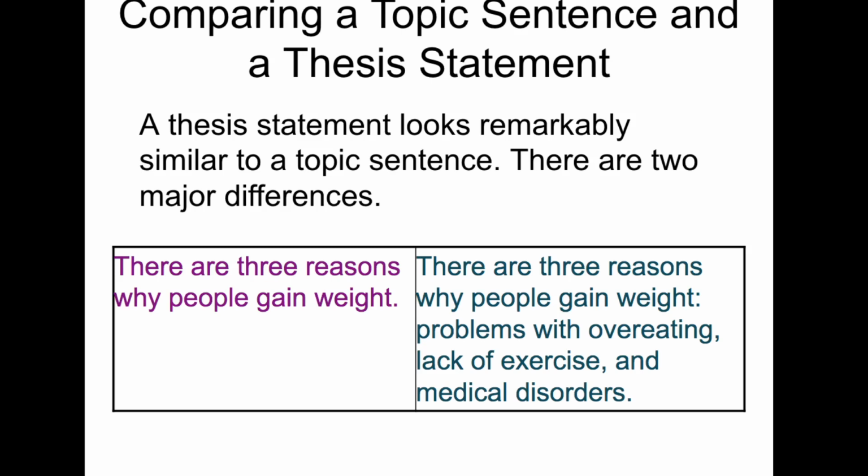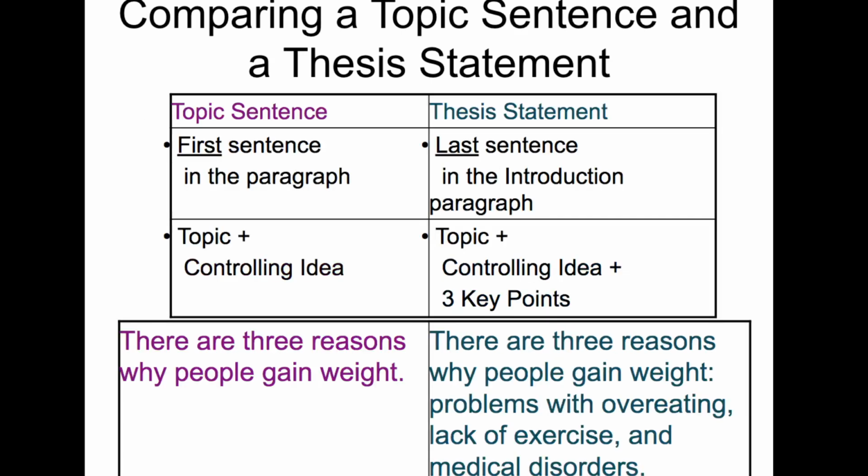So hopefully you can see the thesis statement gives a lot more detail because it's controlling the whole of the writing, the whole of the essay. So the topic sentence on the left, it's fine, it's okay, but it doesn't give us enough detail.